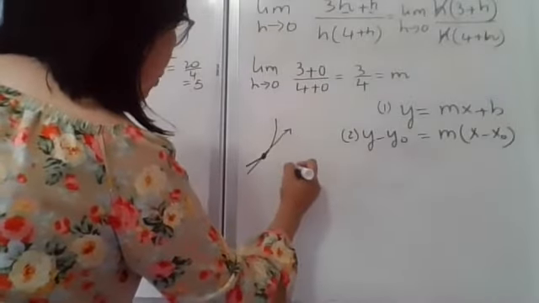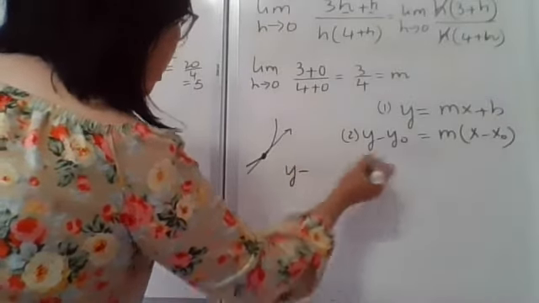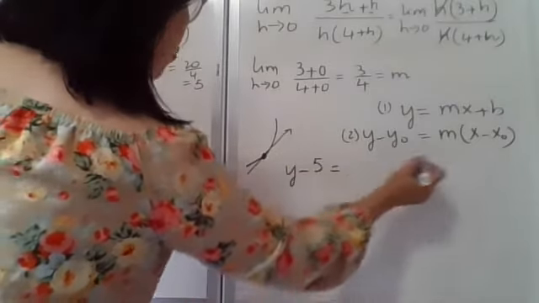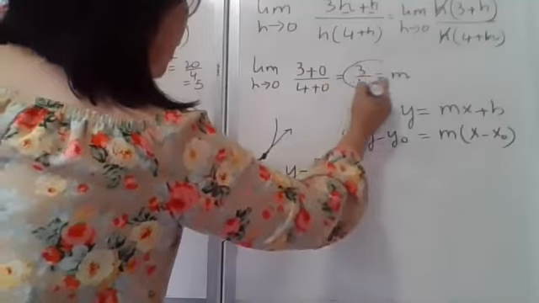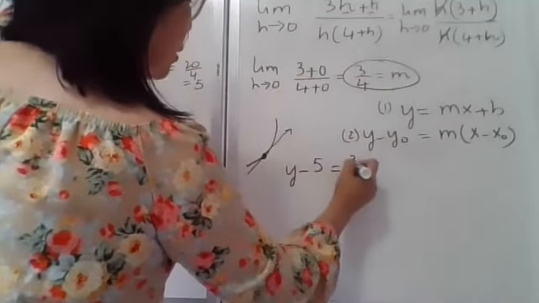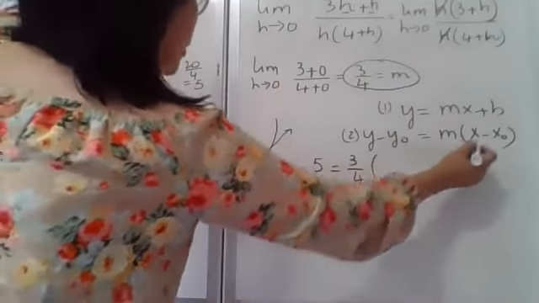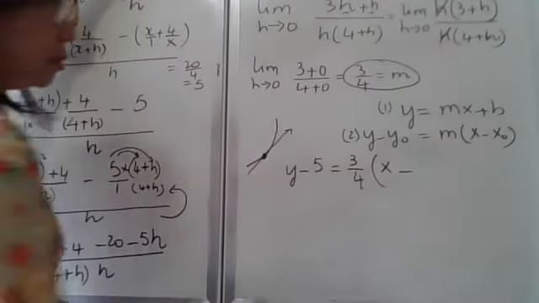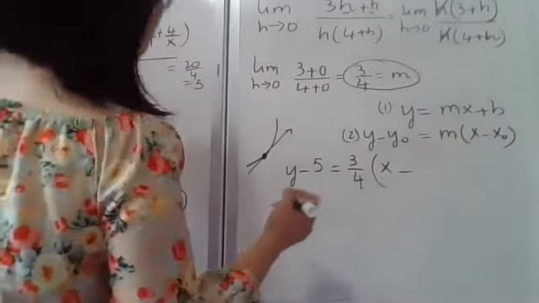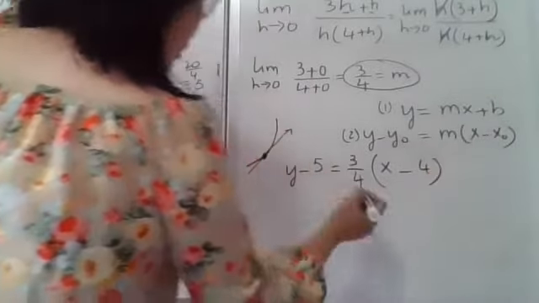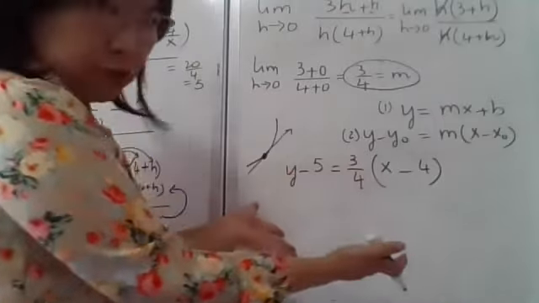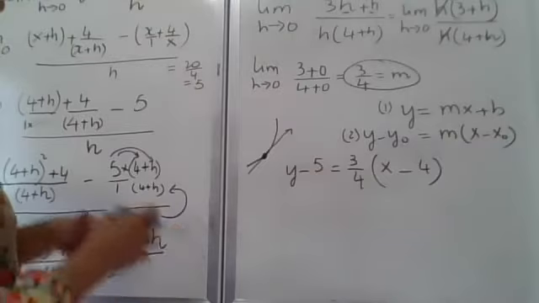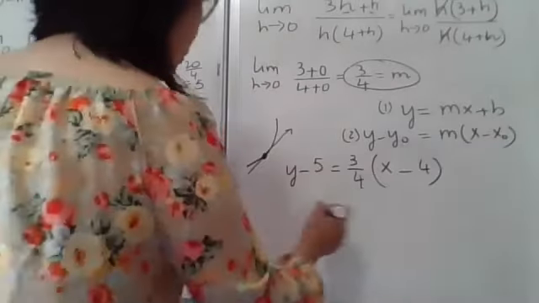So now we will put in the form y minus y0, which is 5, equals m, the slope we found here, 3 over 4, times x, any x coordinate on your function, minus x0, here is 4. Now at this point you're done with the equation of your tangent line. That is the answer. But if you want to be a little cleaner, we can simplify this.